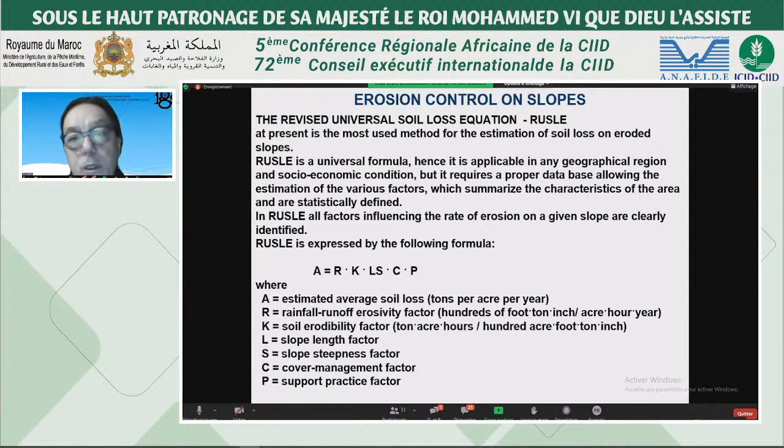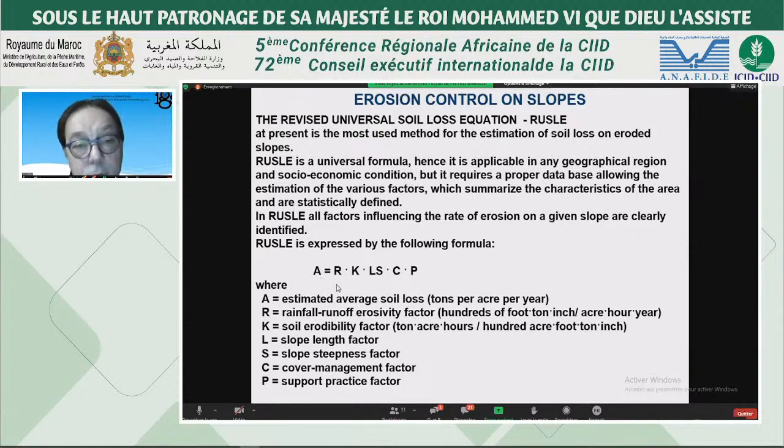La Revised Universal Soil Loss Equation, l'équation donc de perte de sol, théorie universelle révisée, la méthode la plus utilisée pour analyser les pentes.